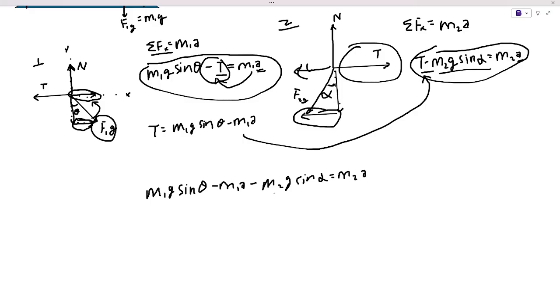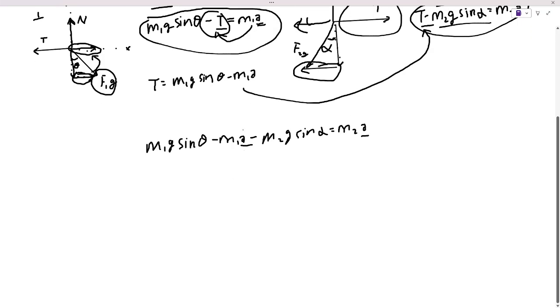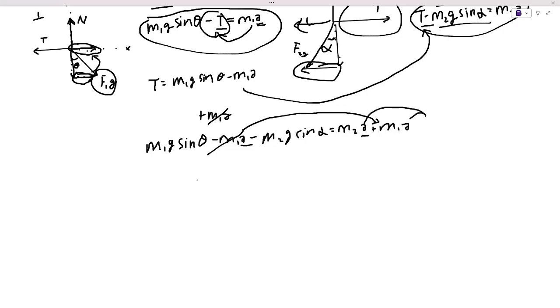And the question asks for acceleration, so let's go ahead and isolate the accelerations. We're going to do that by adding this to this side and factoring it out. So add m1a to both sides. This is going to be m1a. This goes away. And we can factor the a out, and I'll rewrite it right here.